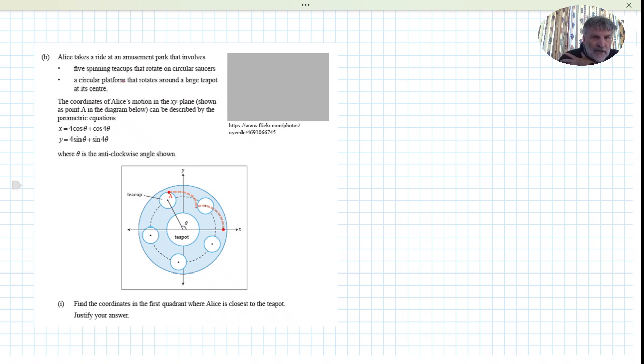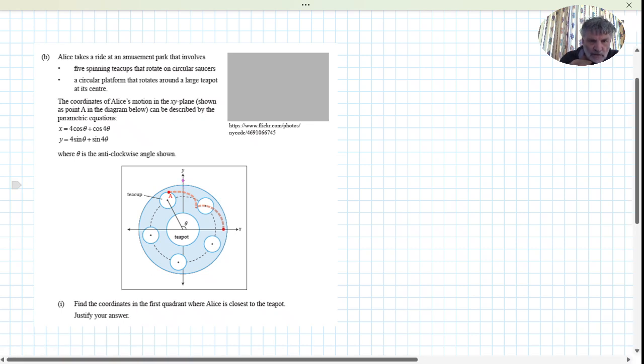So 5 spinning teacups that rotate on circular saucers, a circular platform that rotates around a large teapot at its center. The coordinates of Alice's motion can be described by these parametric equations, where theta is the anti-clockwise angle as shown. Find the coordinates in the first quadrant. So we're just looking in this quadrant here, where Alice is closest to the teapot.